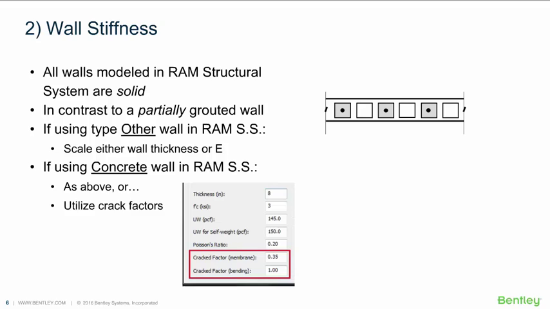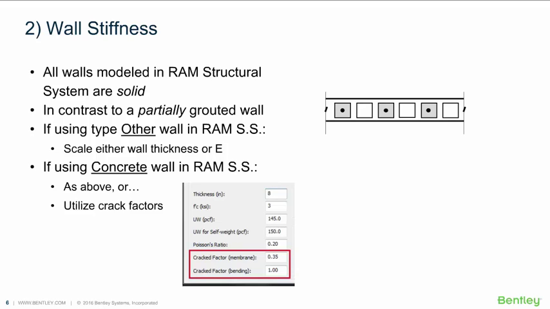We can do this either by reducing the wall thickness and using an equivalent solid thickness from the masonry tables, or we can reduce the Young's modulus. These will both have effectively the same impact. Either way you go, you want to make sure that your wall thickness, your unit weight, and your Young's modulus are all calibrated correctly.